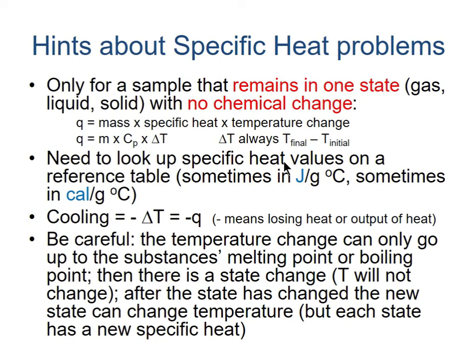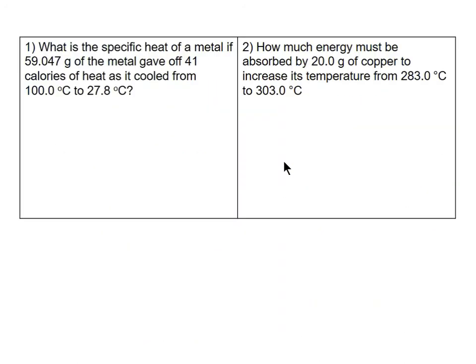Remember that cooling will be a negative process, because when the system is cooling, it's releasing energy to the surroundings, and so it should have a negative delta temperature and it should have a negative heat. And also be careful that we're only involving temperature change, no state changes. It can't cross over the boiling or the melting point, and it can't involve any chemical reactions.